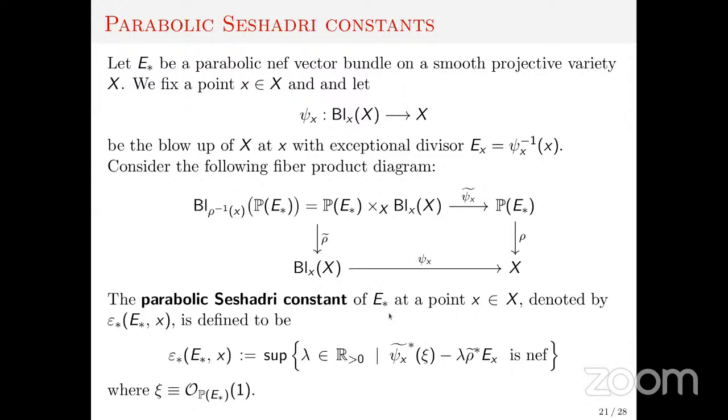The parabolic Seshadri constant of E star at a point x is defined as the supremum of positive real numbers lambda such that psi_x tilde star of xi minus lambda rho tilde star of E_x is naive, where E_x is the exceptional divisor of this blow up map, and xi is the numerical class of the tautological bundle that we have constructed. Not we have constructed; the construction was due to Biswas and Laitini. So this xi is the numerical class of this tautological line bundle.